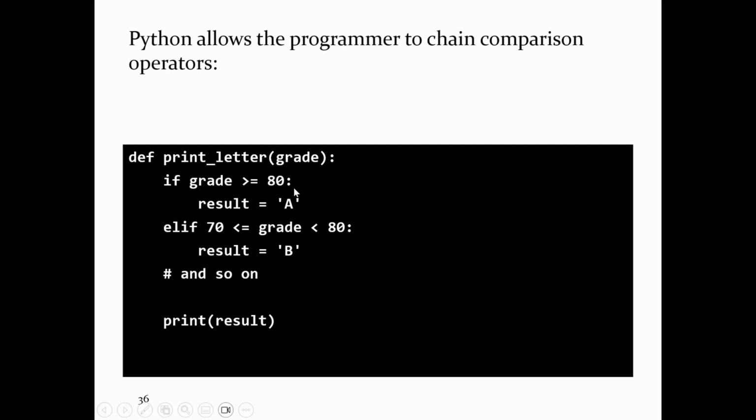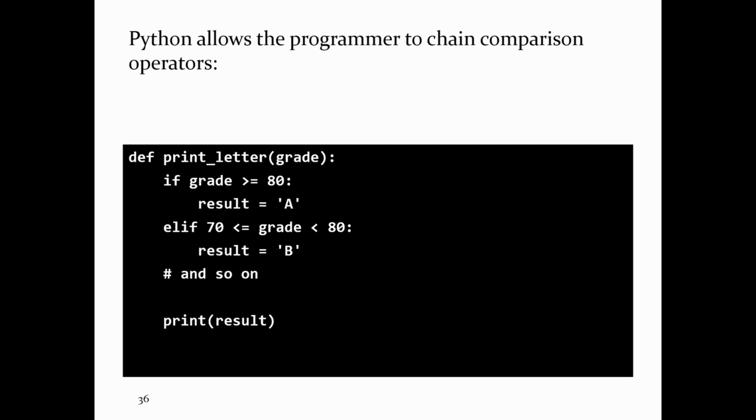So if your grade is greater than or equal to 80, the result is an A. Else if your grade is between 70 and less than 80, the result is a B, and so on and so on, right? So we're going to ignore A pluses and the minuses and pluses. Right? And so in Python, this is a perfectly valid way to write your condition, right? This is the condition that I'm interested in right here, right? So is the grade greater than or equal to 70, and is it less than 80, right?